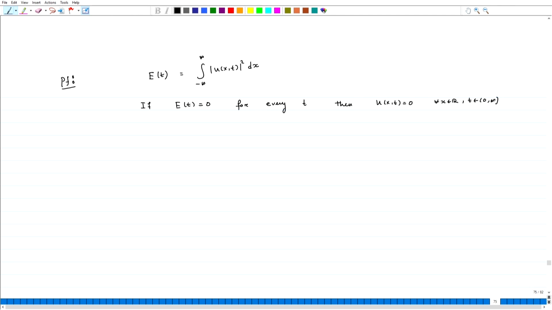So, that is what we want. Now, how to show that E(t) is equal to 0?